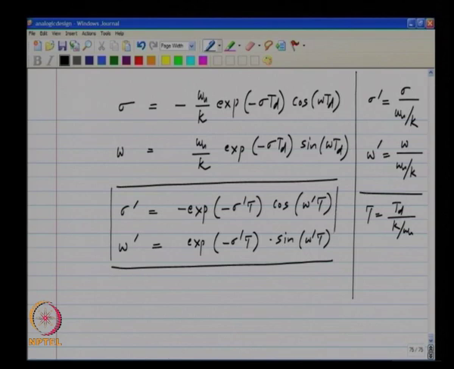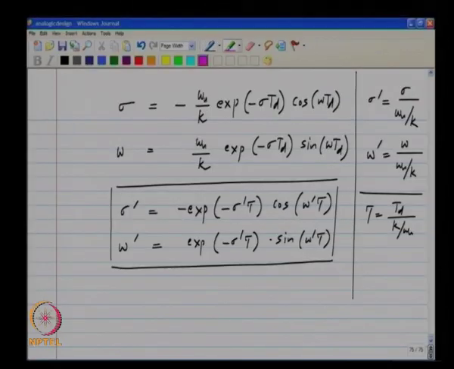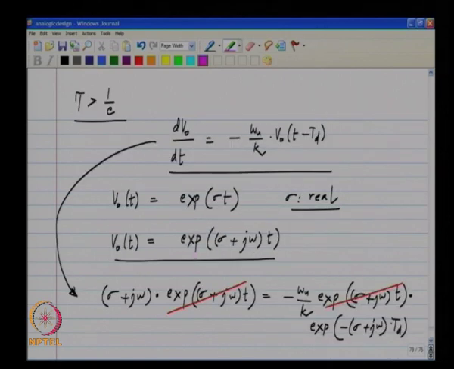Also, one of the most important things is, when we were qualitatively discussing the effect of delay, we said it is possible that we overshoot and then undershoot and then we overshoot and then undershoot and never actually settle. Now, that will happen when sigma is positive, okay, because the solution is of the form exponential sigma plus j omega times t, and if sigma is positive, then this keeps growing, and if sigma is negative, it keeps falling.